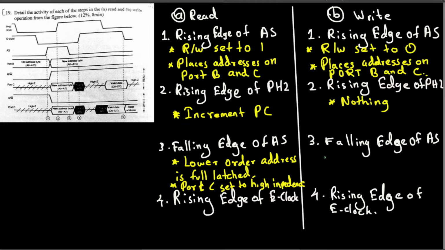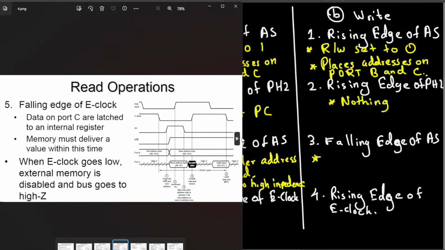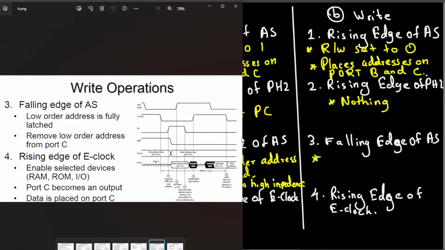Okay, and for the write part, what happens at the falling edge? The low order address is fully latched, same as the read part. Here also it removes the low order address from port C. But there's another one that is not mentioned: port C will be set to a value that is to be written to memory. That happens at the falling edge of AS.